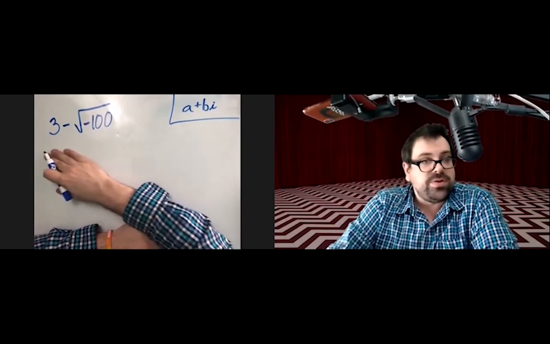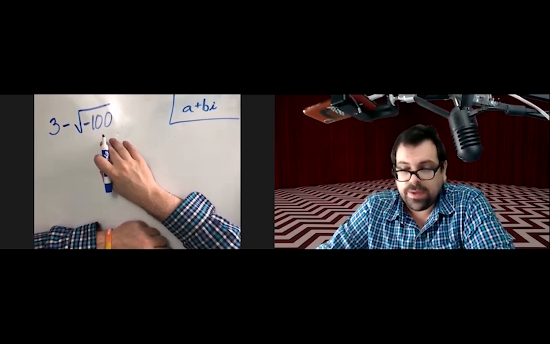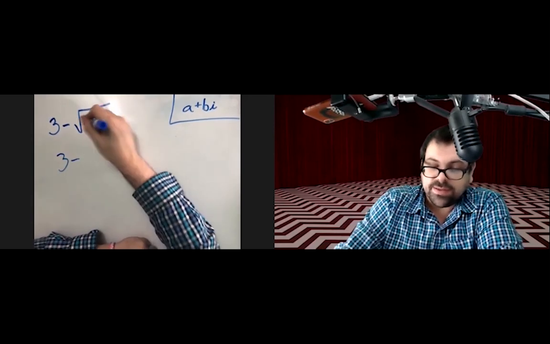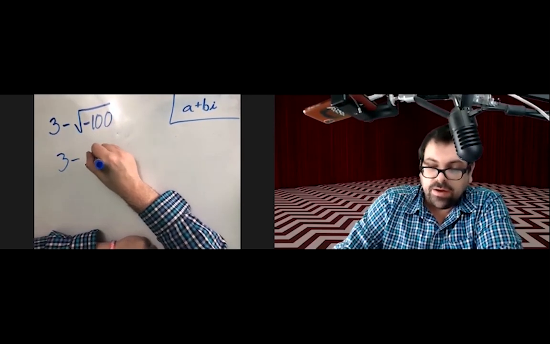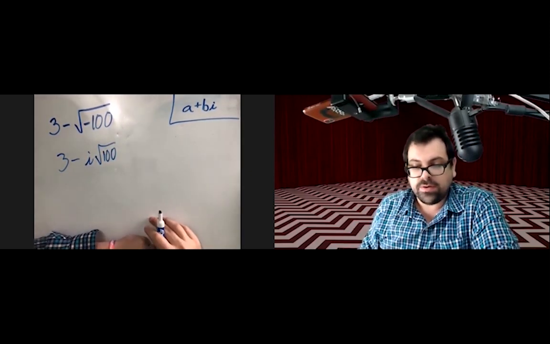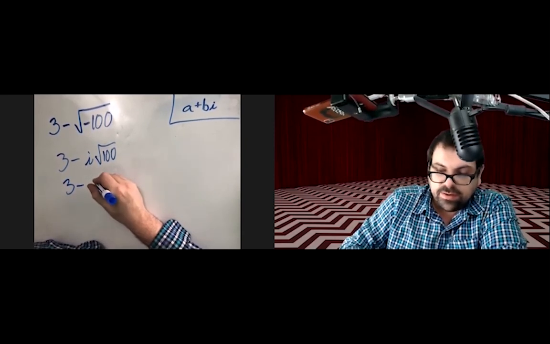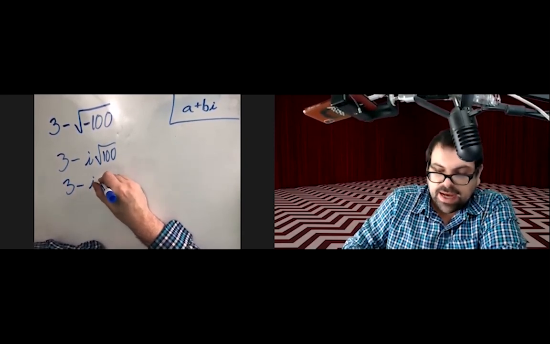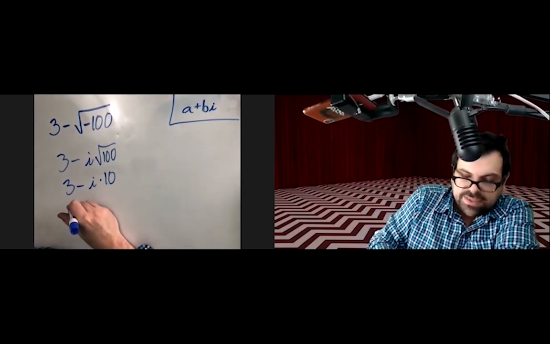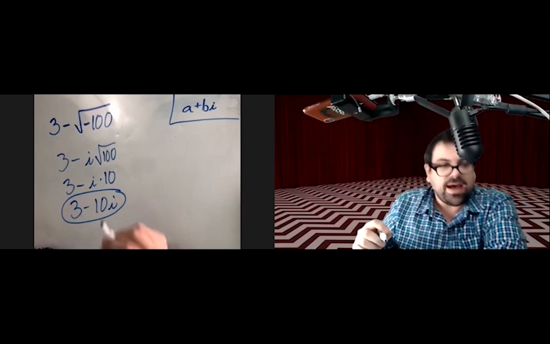Is there anything we can do to simplify 3 minus radical negative 100? We can make this i radical 100. And what is the square root of 100? 10. 3 minus i times 10, and i times 10 is just going to be written as 10i.